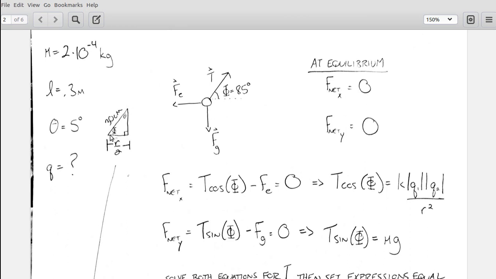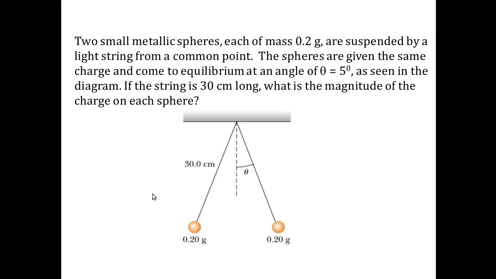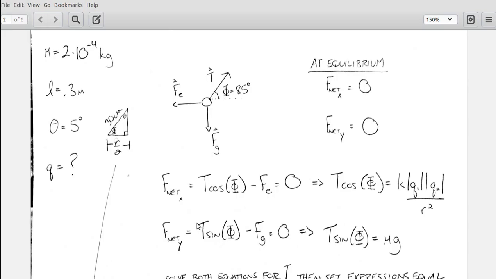Now the base of this right triangle is half the distance between these two particles, so it's r over 2. So I've got a right triangle whose hypotenuse I know, both the interior angles I know, and I know the base is equal to half the distance between the particles, which is what I'm looking for.